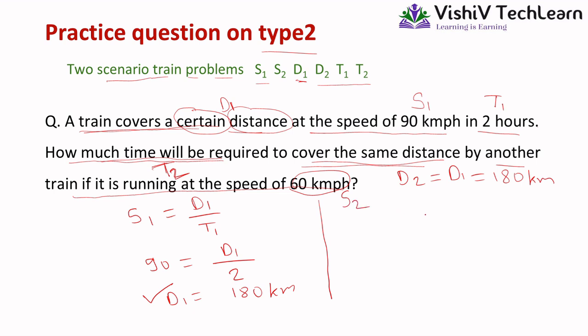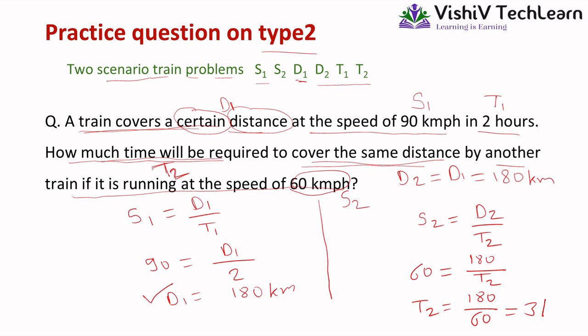So let's write down the formula again. S2 is equal to D2 upon T2. Let's put the values. 60 is equal to D2, and D1, D2 are the same, so 180 upon T2. And this T2 must be equal to 180 upon 60, and that gives the answer as 3. Since it is time, it must be in hours. 3 hours is the final answer.